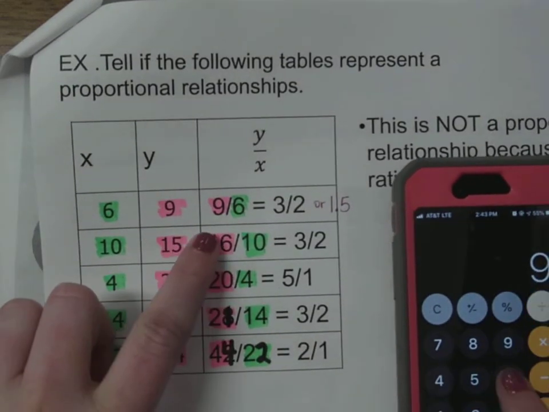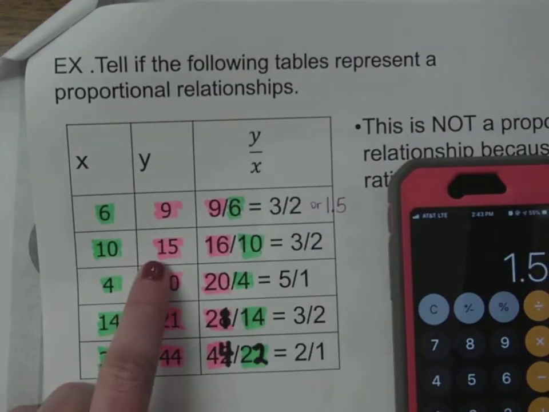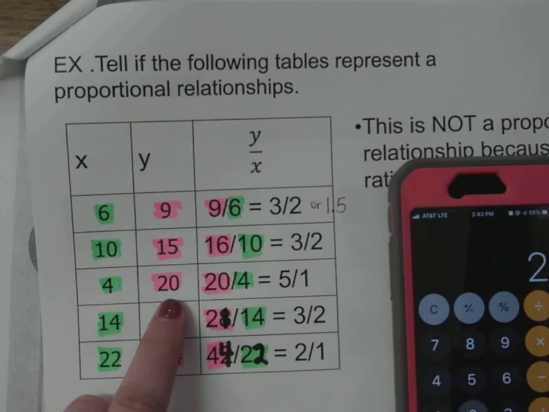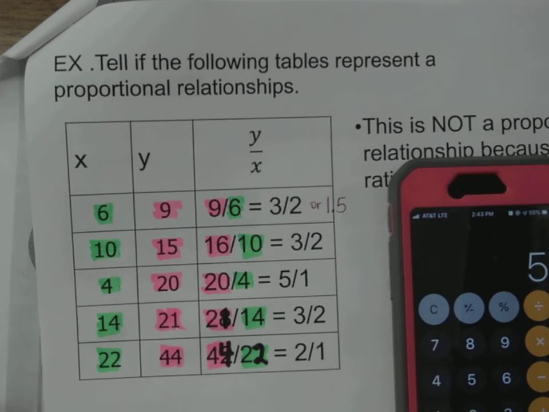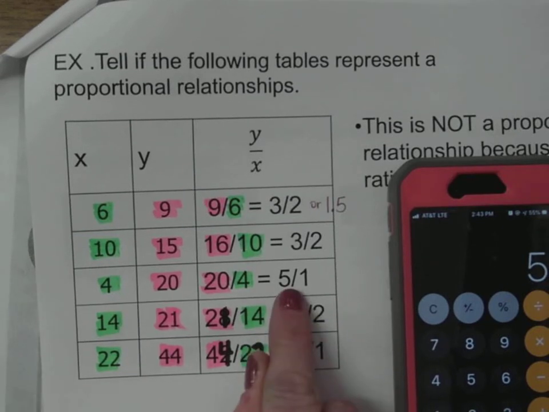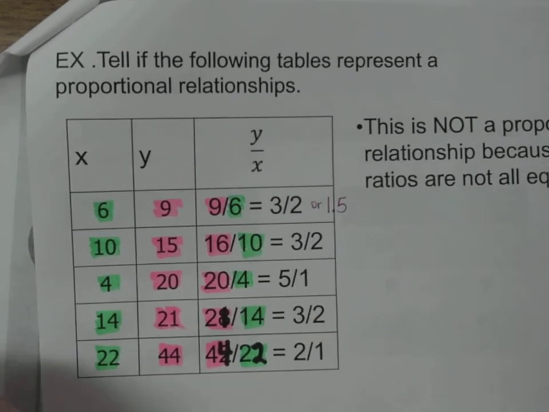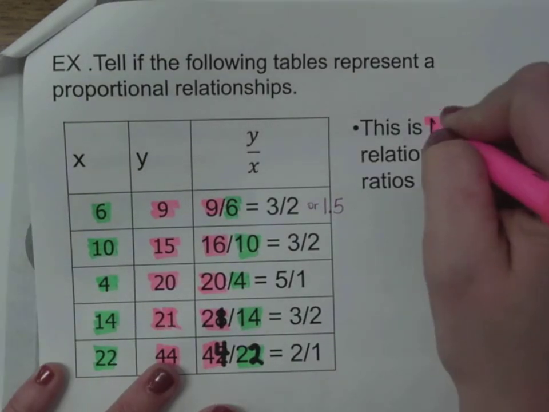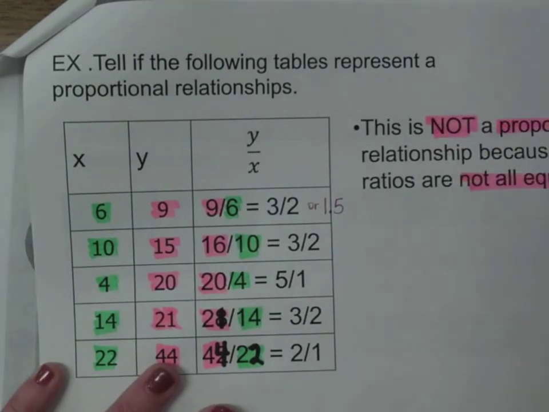So 9 divided by 6 is 1.5. 15 divided by 10 is also 1.5. 20 divided by 4 is 5. So you can see that since they are not equal, it is not proportional.